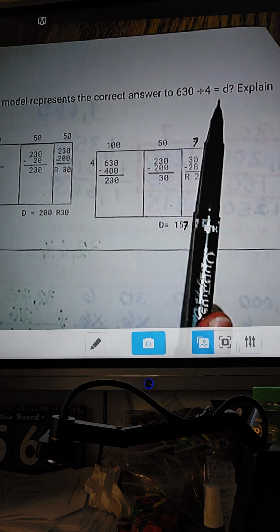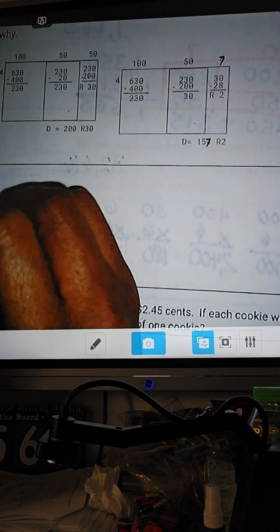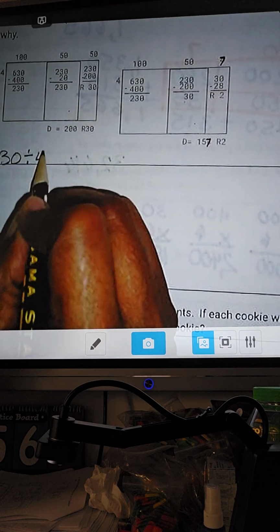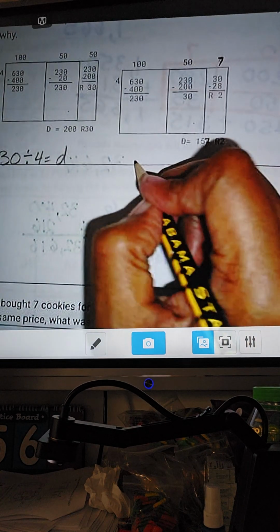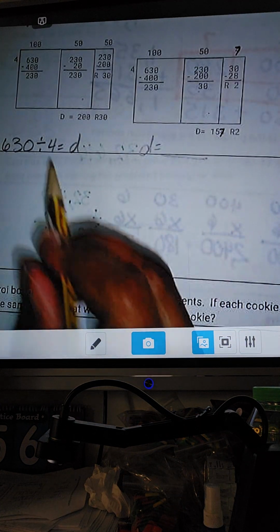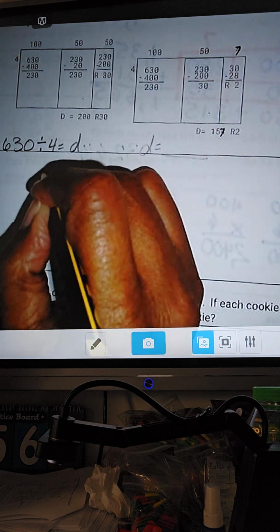So which model represents the correct answer to 630 divided by 4 equals D? Explain. So down at the bottom, we're going to do 630 divided by 4. And then D equals something. All right, so we can do area model.